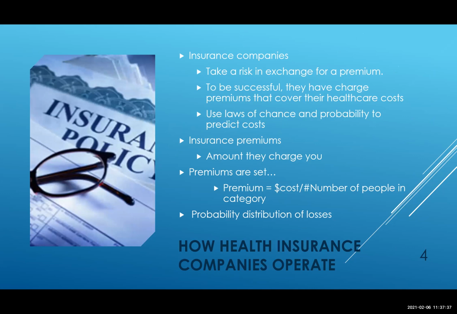So insurance companies take a risk in exchange for the premium. They don't really know how much you're going to need. When you buy your car insurance, that's pretty cut and dry. You get either full coverage, so if something happens to your car, you will get back the value of whatever your car is at that time because you've been paying those higher premiums all year.